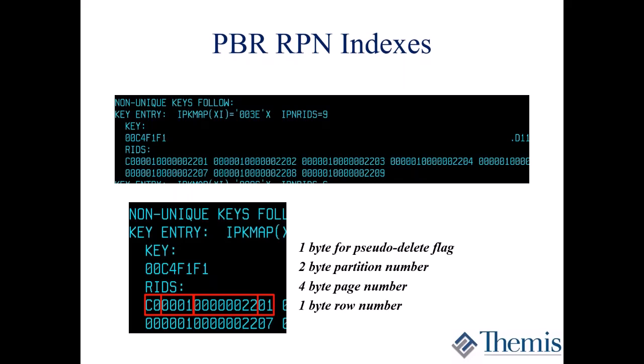Relative page numbering will allow you to alter the DS size of those parts without reference to any other parts, and also to do it without reorging the entire table space every time you do it. Okay.